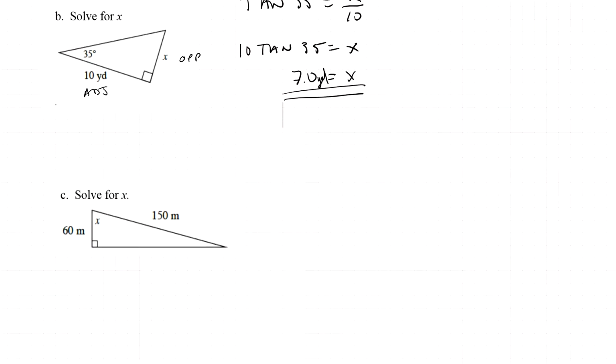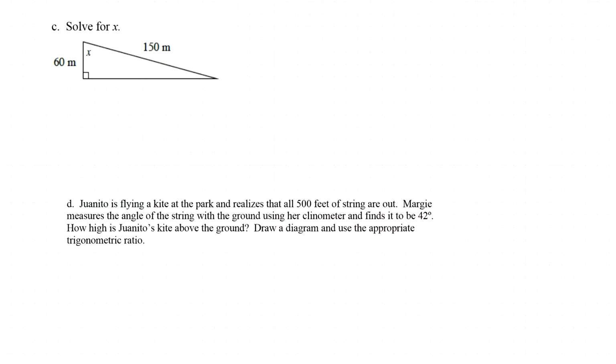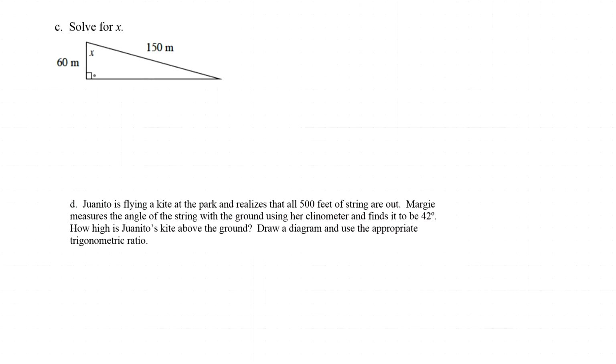Alright, for C here, it looks like we want to solve for x, and so analyzing what I have, this is the hypotenuse, and this would be the adjacent side. So I ask myself what has adjacent and hypotenuse, and that would be cosine. So the cosine of x equals 60 over 150. And what you have to remember is I want the angle.